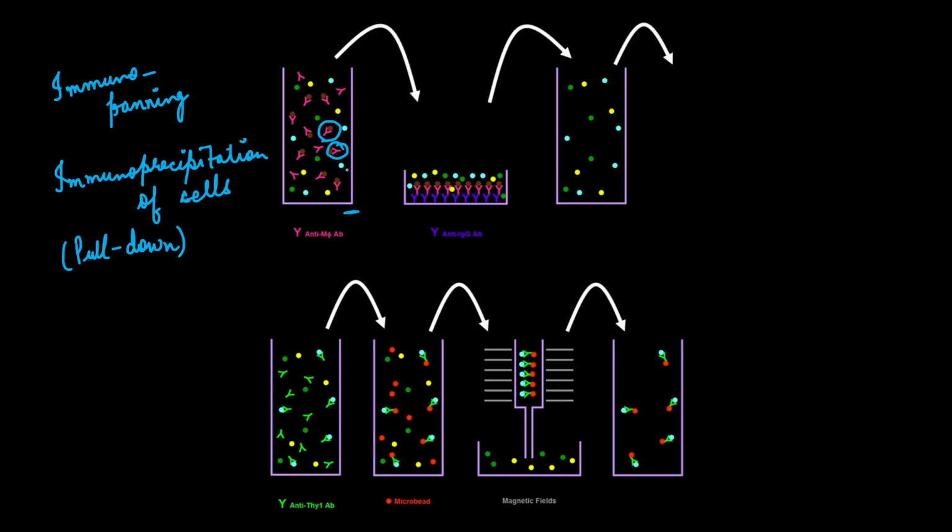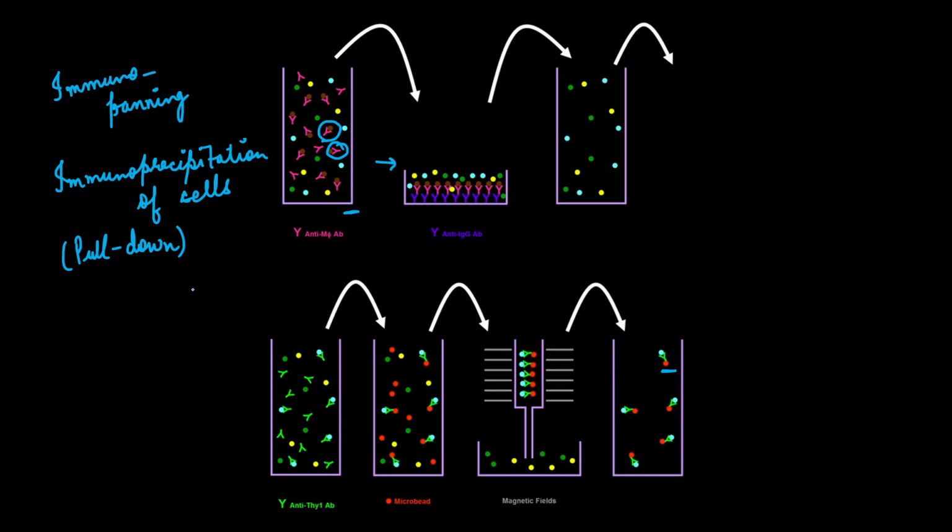Then we can do a second step of this immunopanning, where after one kind of selection by an antibody has been done, a second round is done by another antibody. If you look at the selection after this, at the end you will see only one particular kind of cells, which here are these red cells. An important thing to remember while immunoprecipitation of cells is that cells are larger than the protein complexes for which immunoprecipitation or pull down is used.